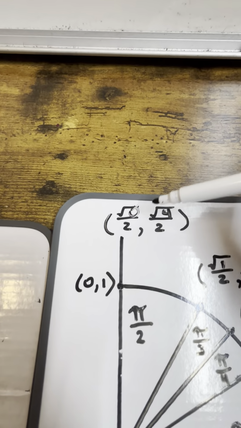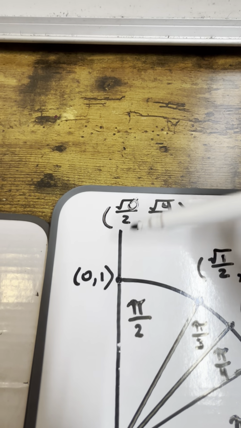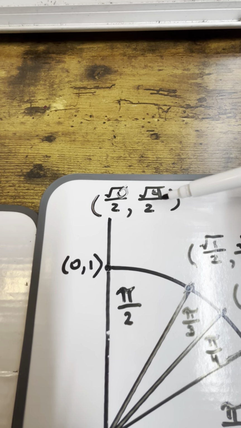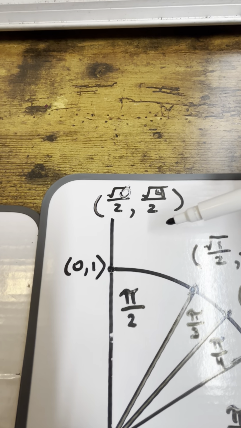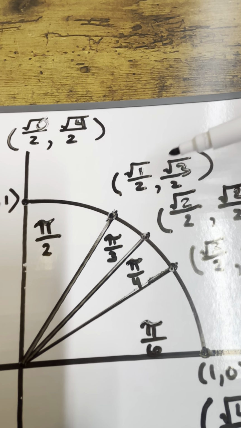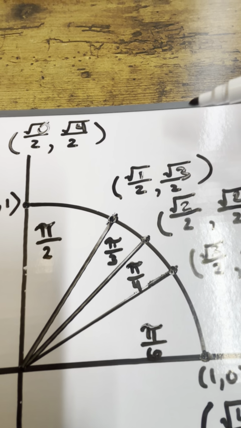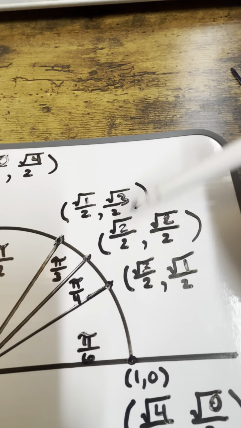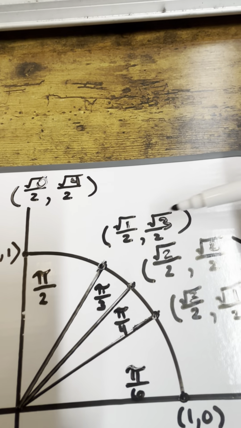Square root of 0 is 0, and 0 divided by 2 is 0. Square root of 4 is 2, and 2 over 2 is 1. And then we've got the coordinates here. Square root of 1 is 1, divided by 2 is 1/2. Square root of 3 over 2. We would just simplify these.